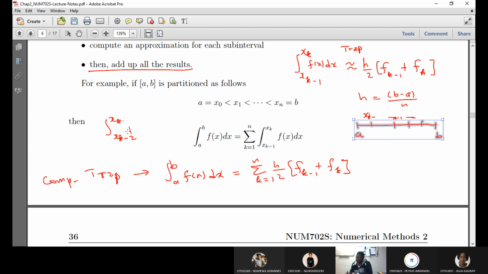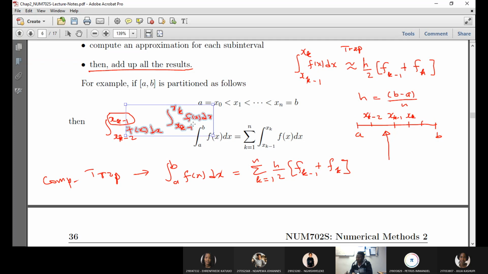So you can see that these two integrals have the same point, x sub k minus 1. When I sum, x sub k minus 1 will be repeated twice.